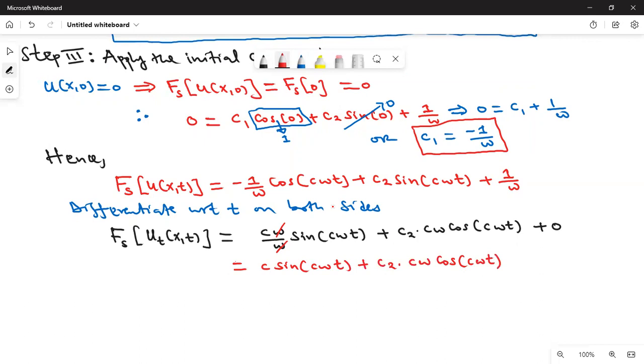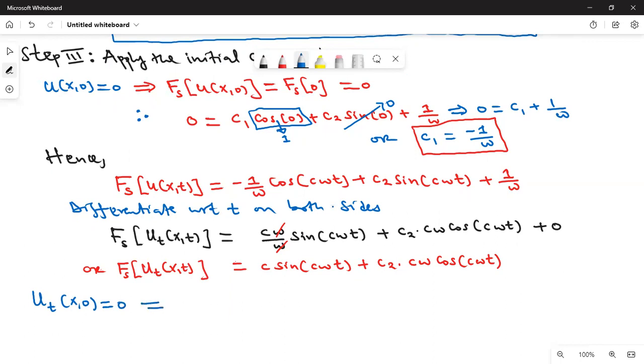That's what we have. On the left-hand side, you can just write Fourier Sine Transform of u subscript t of x,t is equal to that. So now we need to apply this condition. Apply u subscript t of x,0 is equal to 0.